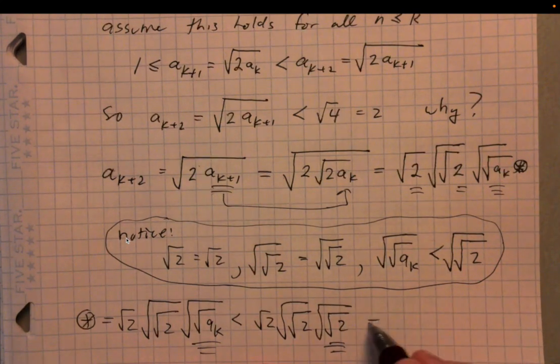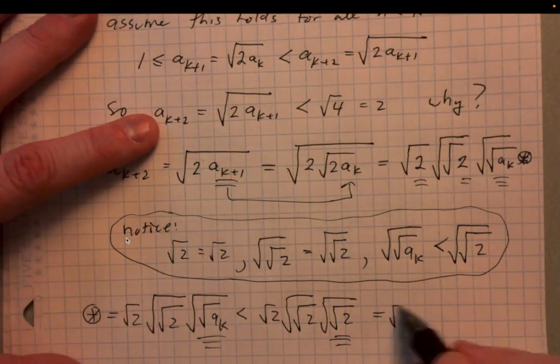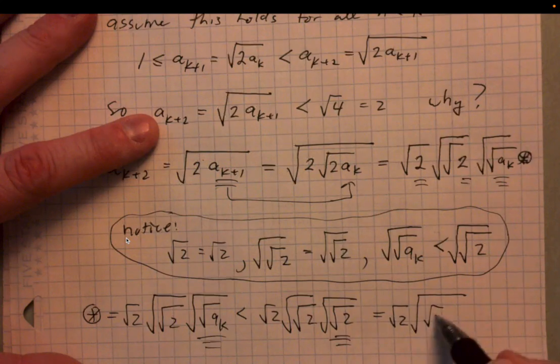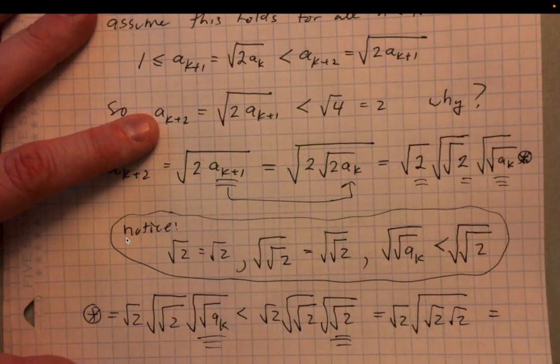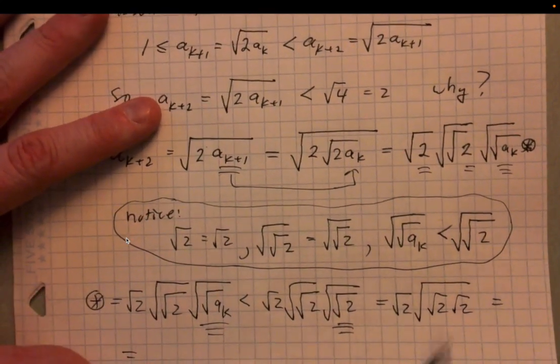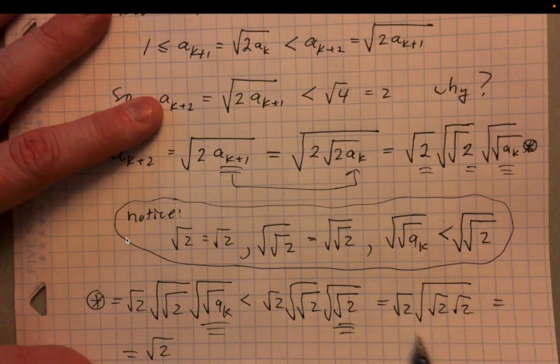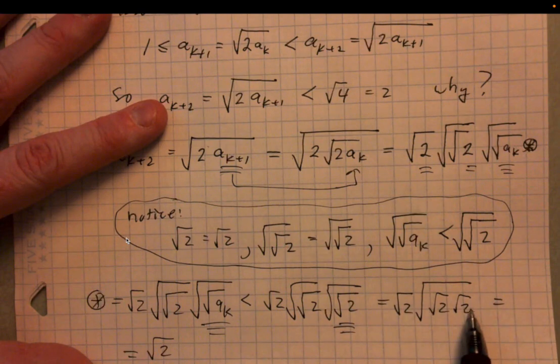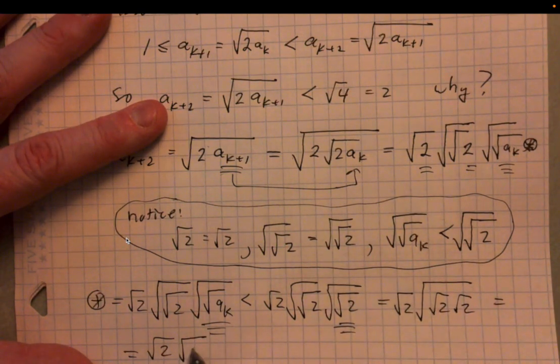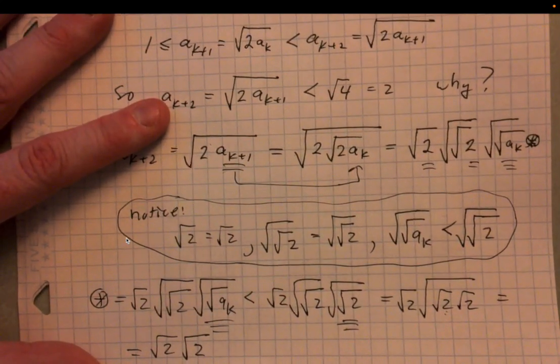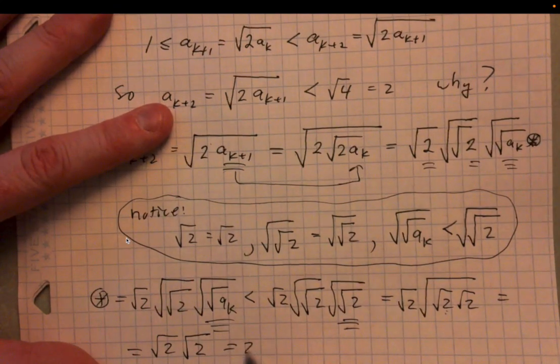So if we just recombine these things, what do we get? Well, you've got the square root of 2, and then the square root of the square root of 2 times the square root of the square root of 2. Sorry, the square root of 2 times the square root of 2 is 2, and that's all in the square root, so you have the square root of 2 times the square root of 2, and so this is just equal to 2.